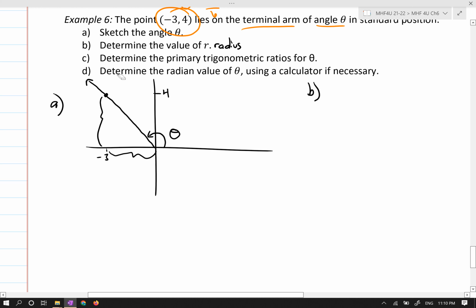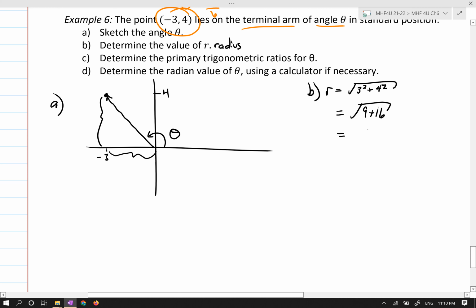Maybe I'll sketch my terminal arm a little bit more carefully. My terminal arm should only go to that point. It should not continue beyond. So my radius then is going to be equal to the square root of 3 squared plus 4 squared. Nice and easy. I'm working here with the square root of 9 plus 16.